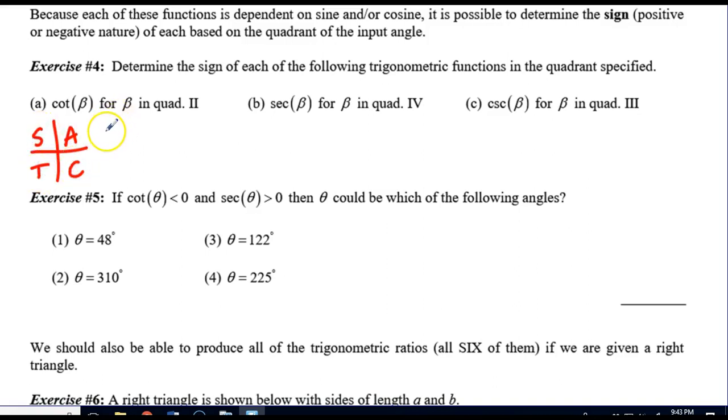What I should really be thinking about is, what is tangent in quadrant 2? Well, tangent is negative, therefore cotangent is negative. Why don't you work out B and C and play the recording when you're ready.